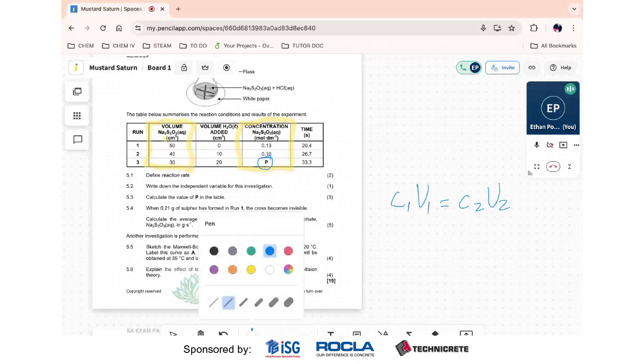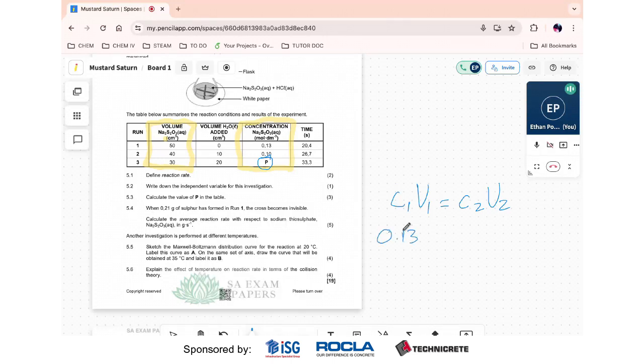So let's set it up. So there's 3 different ways you can set this up, but I'll just choose the easiest. So we'll take the first concentration, which is 0.13, multiplied by the first volume, which is 50 milliliters. Or you can set it up the other way, because we need to invert them to find the unknown.